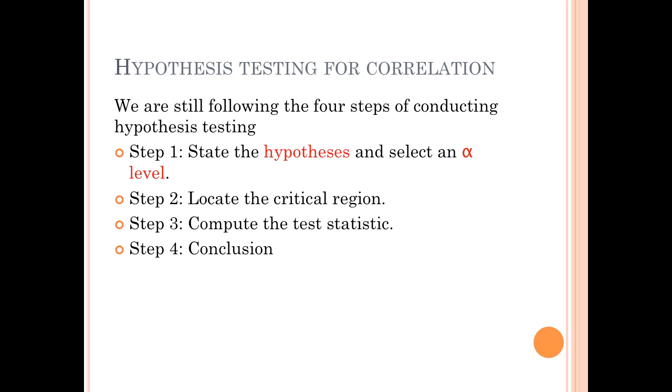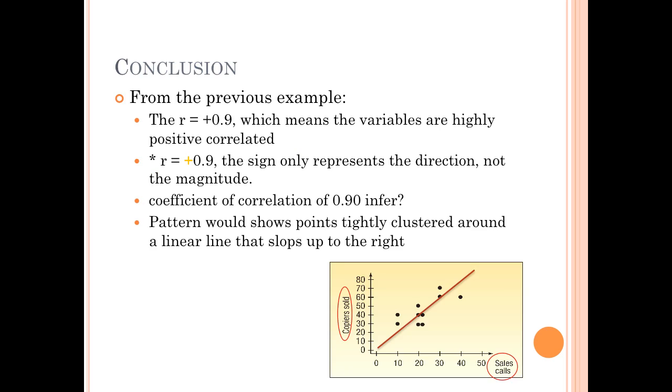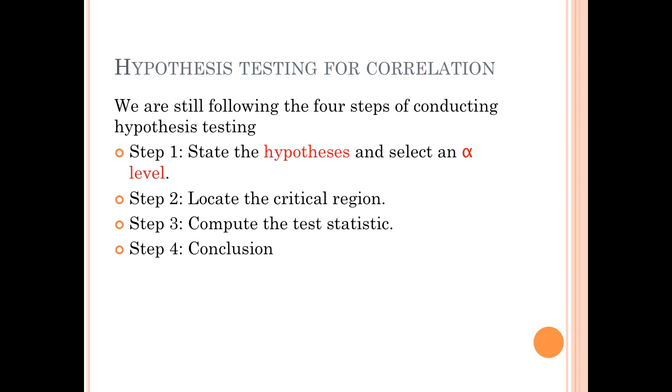So for hypothesis testing for correlation, you still do the same 4 steps of hypothesis testing. You state the hypotheses and select the alpha level, locate the critical region, compute the test statistic, and state your decision or conclusion. So the test statistic here would be R, and you would compare that to the table that has the critical values for R, which I have one.